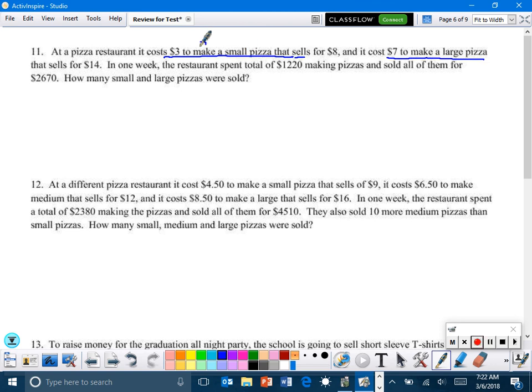Okay, make. That's the first equation. So 3S, $3 to make a small, plus 7L, $7 to make a large, equals, okay, the restaurant had to spend this to make the pizzas, $1,220.